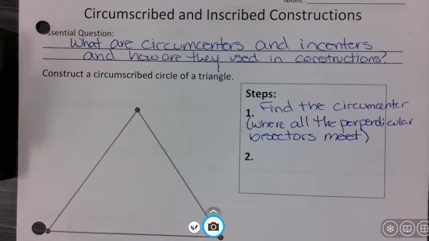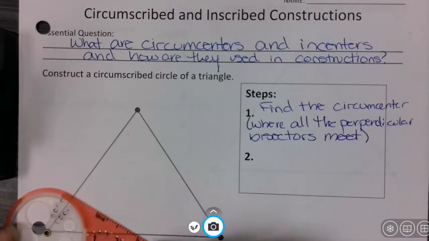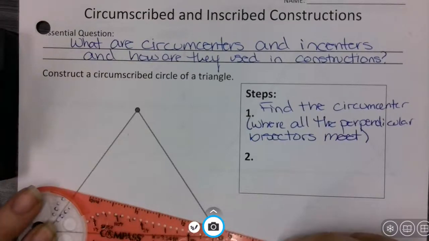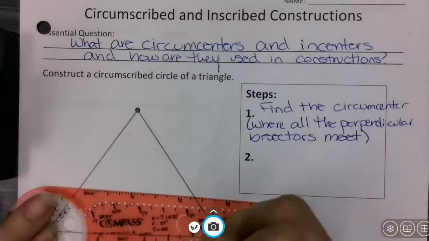Remember, to make a perpendicular bisector, I center it at one end and I go through the other for my circle.